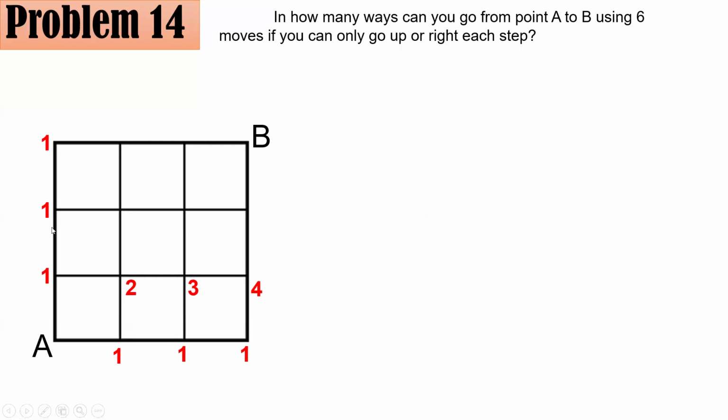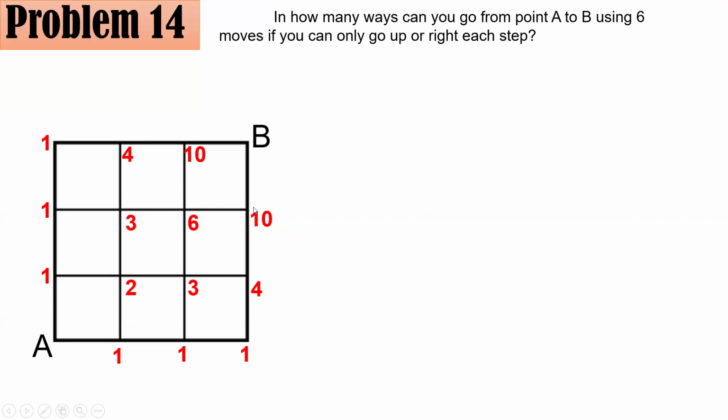Now go here and do a similar thing. One plus two, three. Three plus three, six. Place it here in the intersection. Six plus four, 10. Then go up again here. One plus three, place here four. Four plus six, what will I place here? 10.